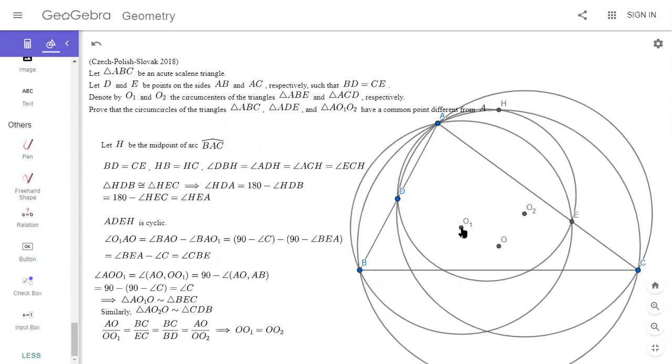So yeah, let me think about this. This firstly means that O lies on the perpendicular bisector of both of those. Yeah, so O lies on the perpendicular bisector of both. Which means it's an isosceles trapezoid.